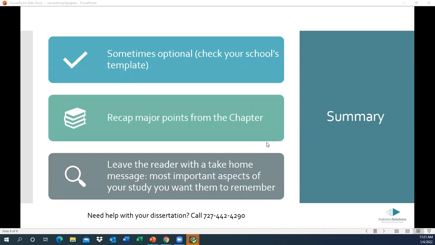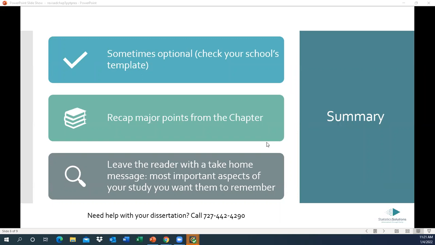Okay, summary. Check your school's template. Summaries are sometimes optional. Some schools will let you just end after the recommendations for research. Some schools want a summary. If your school does want a summary, remember it's a chapter summary, but it's also a summary of your study.